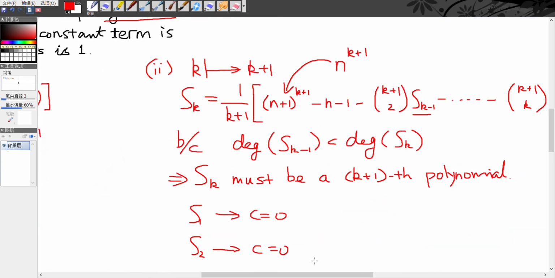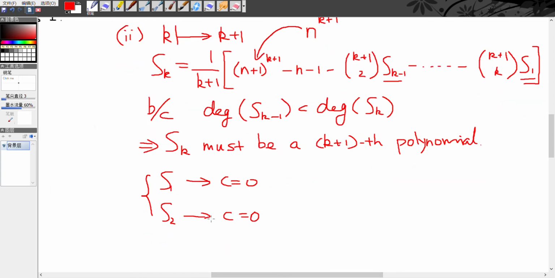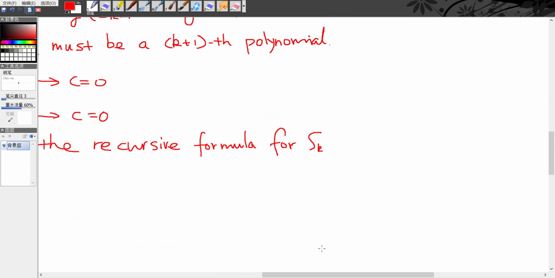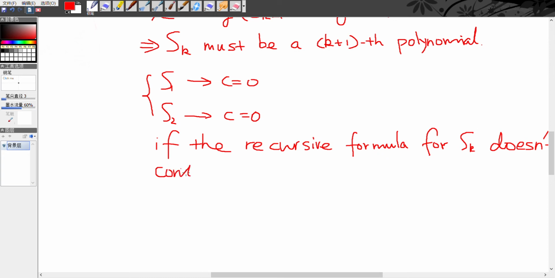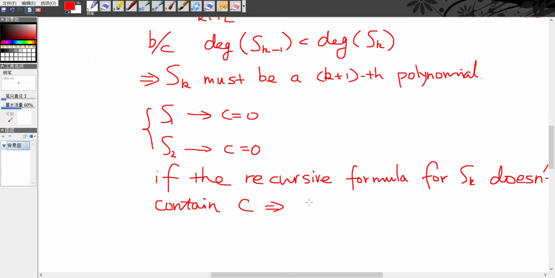So if S1 and S2 do not contain any constant, then if the recursive formula for s_k doesn't contain a constant term c, then s_k has c equals 0.